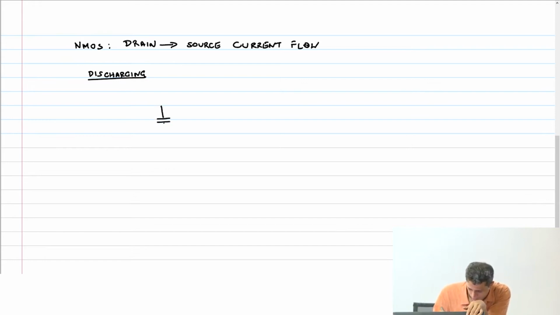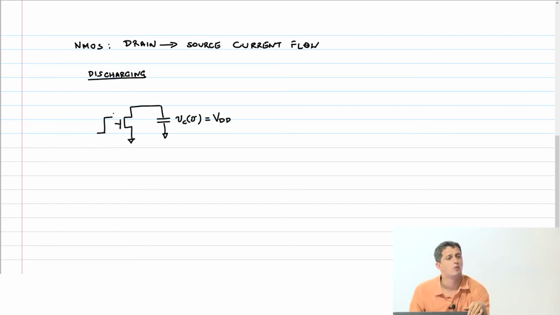I have a capacitor which is initially charged to VDD, and then I am going to apply an instantaneous gate voltage to turn on my transistor. We already studied this, but I am just refreshing your memory. So if I turn on this transistor, then obviously this capacitor is now going to discharge.